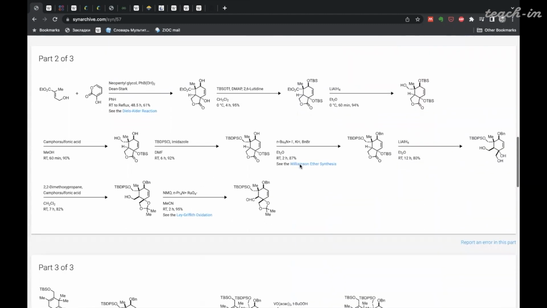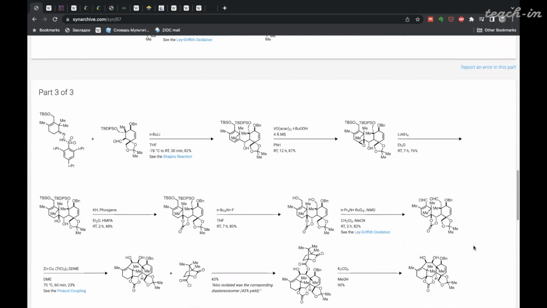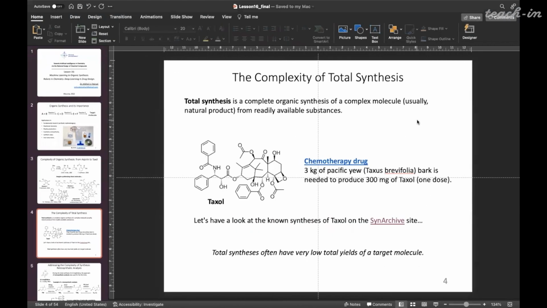It's a really complex sequence in which every reaction is complex in its own. Proposing such a synthesis is a work of tens of people for several years, or maybe even for a decade. So it's a complex task.